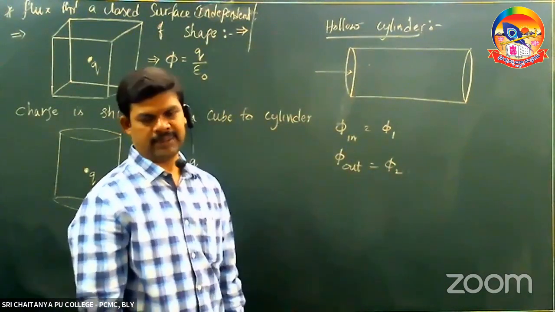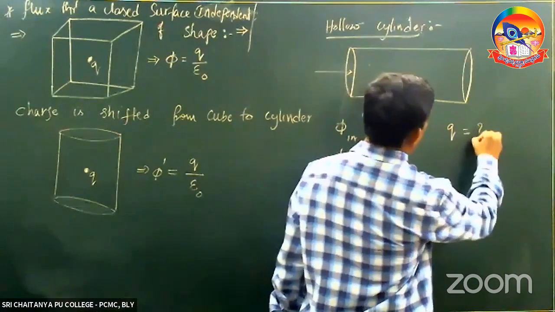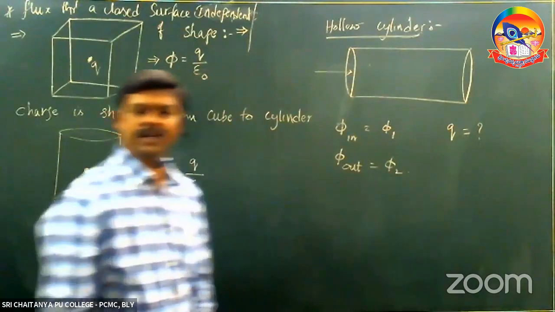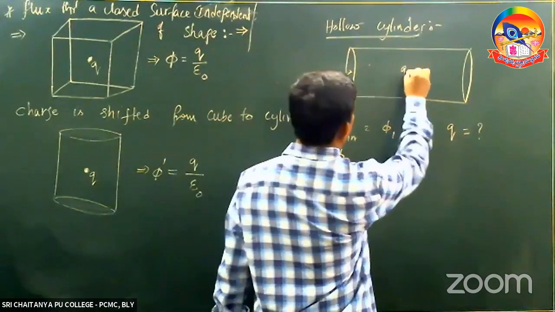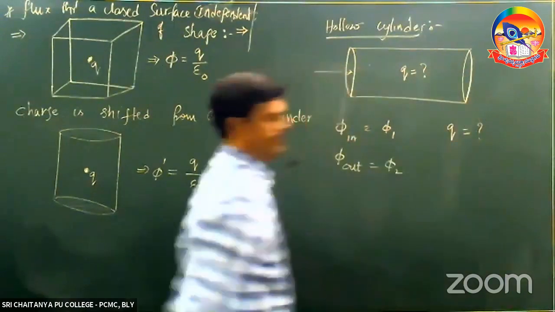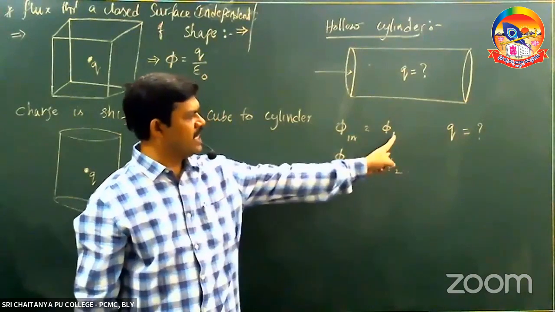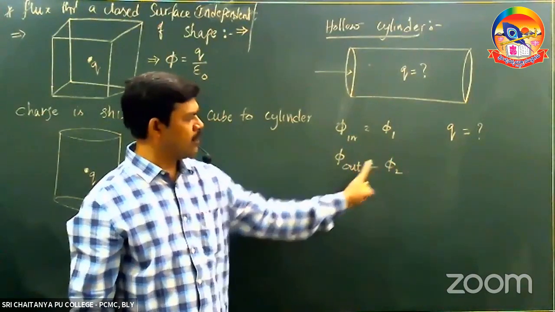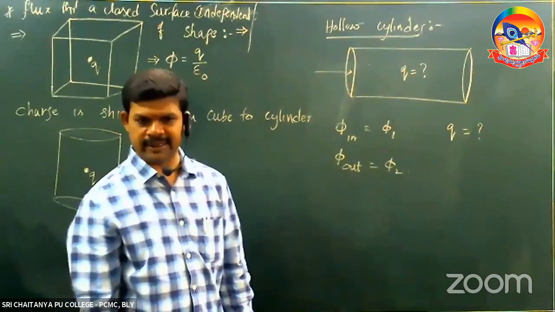The question asks, what is the charge inside the cylinder? We don't know how much. There is some charge inside the cylinder. Given that inward flux is phi 1 and outward flux is phi 2, what is the charge inside the cylinder?